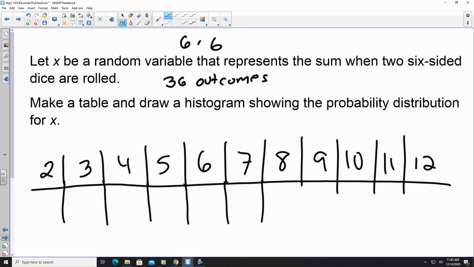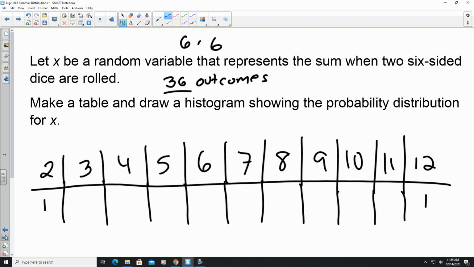The question is, we want to make a frequency table of how many of these 36 possible outcomes give each sum. There's only one way to get a sum of 2, and only one way to get a sum of 12.